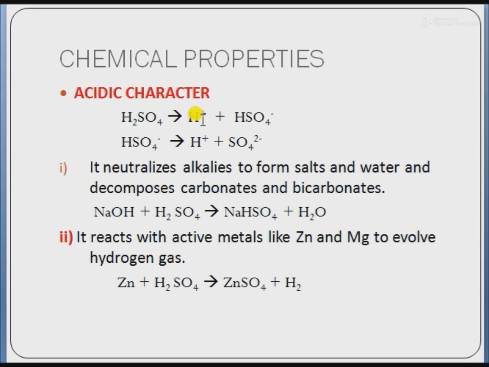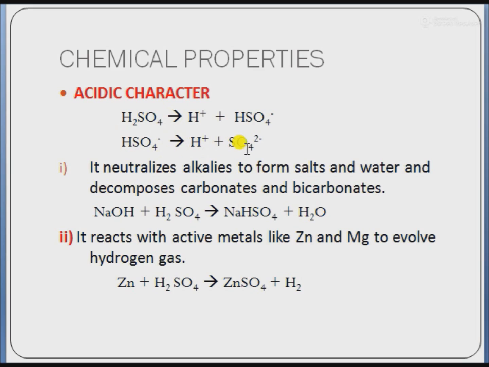Next is the chemical properties of sulfuric acid. First one is acidic character. In aqueous solution, H2SO4 ionizes in two steps. In first step, H2SO4 ionizes to form H+ plus HSO4-. And in second step, HSO4- dissociates to form H+ and SO4 2-.